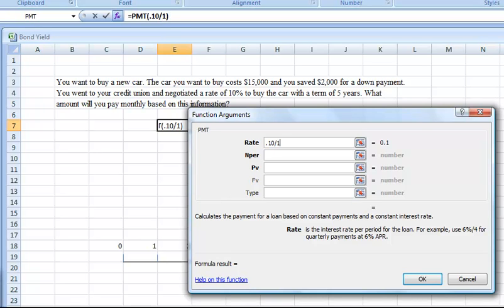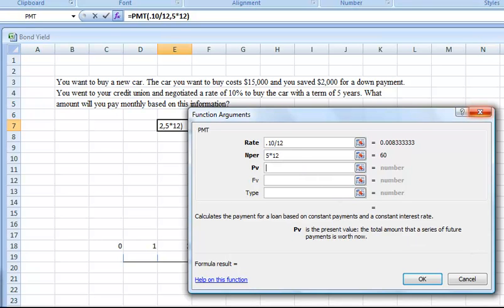So we're going to divide by 12, and that gives us a monthly rate of 0.00833. Okay, the number of periods that we're going to pay for this car is 5 years, and then we have 12 months in a year, so that gives us 60 payments.